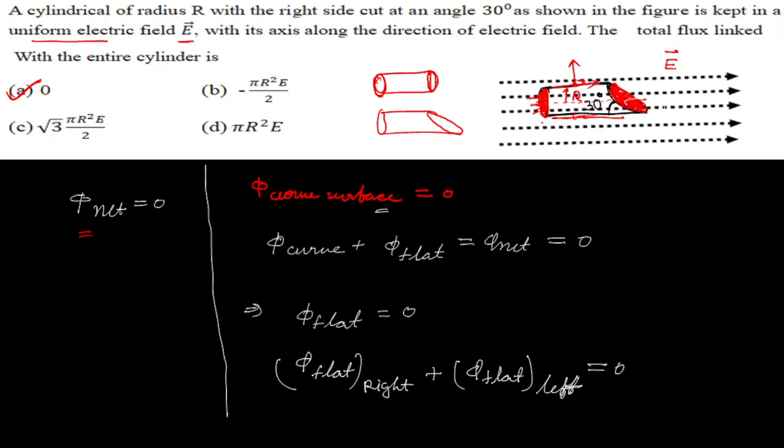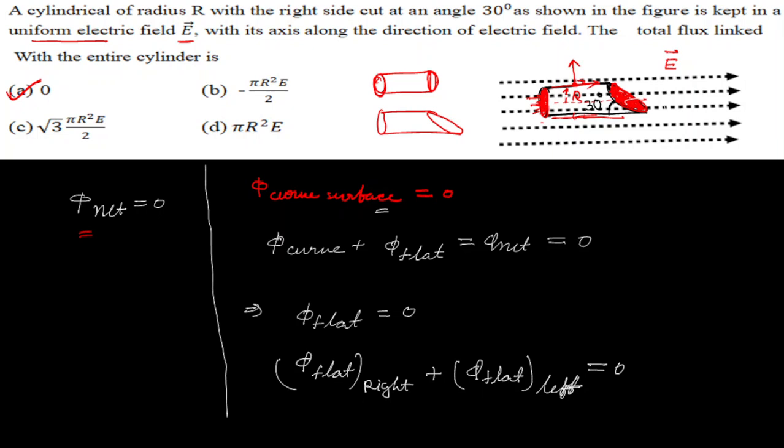So if we want to calculate the flux through the right surface, what do we have to do? First we have to calculate the area vector of this ellipse, and then take the dot product of the electric field and this area vector. For that, we have to know the length of the major axis and the length of the minor axis.